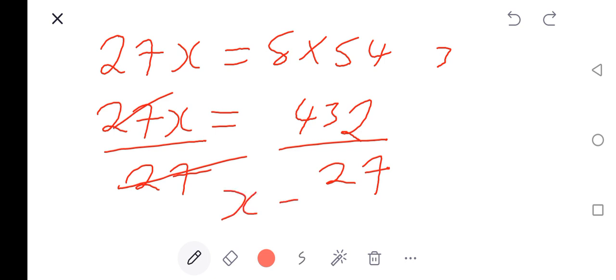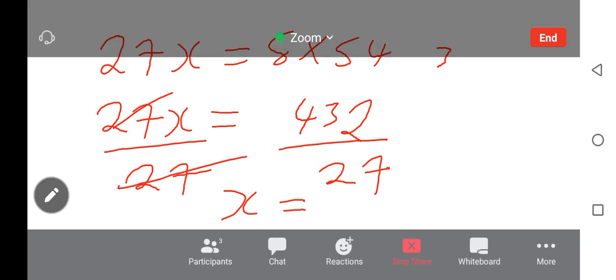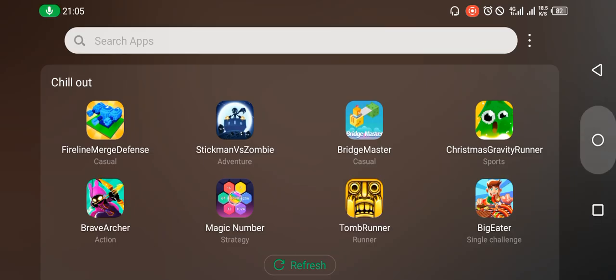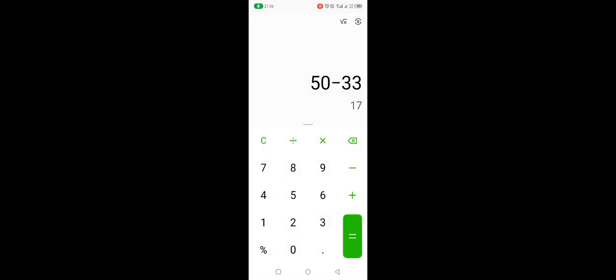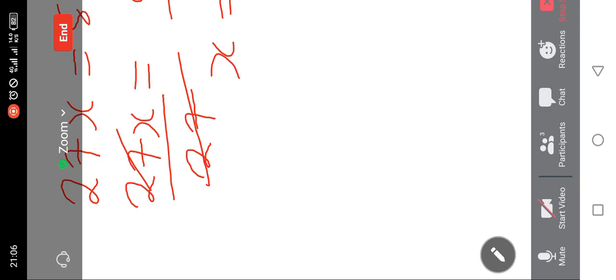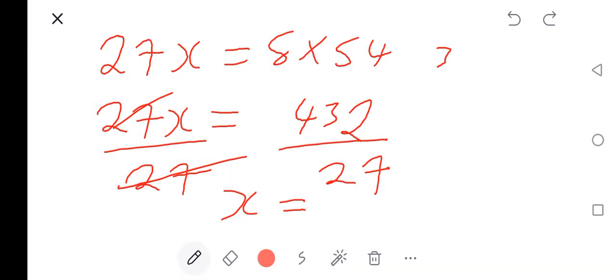So our x is equal to, how many times can 27 enter 432? It will enter 16 times. Without a calculator, it will enter 16 liters.